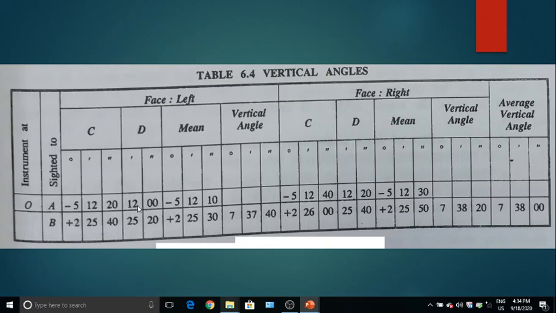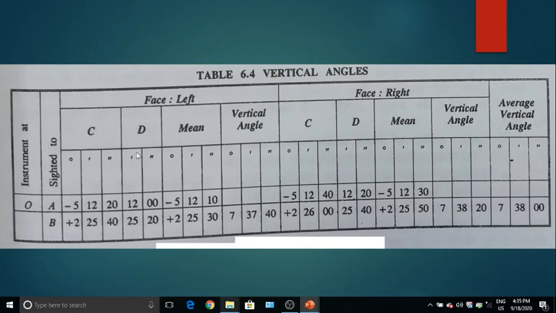We also need to take the minutes of the main scale reading; in vernier C we got 0 minutes, so even if it is added, it is 12 only. Then the average of these two readings should be written here: mean 5 degrees 12 minutes, and 20 and 0 average will be 10, so 10 seconds have to be written here.